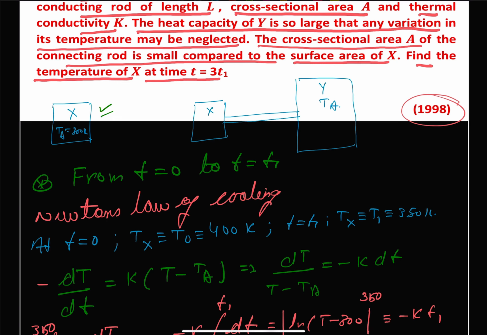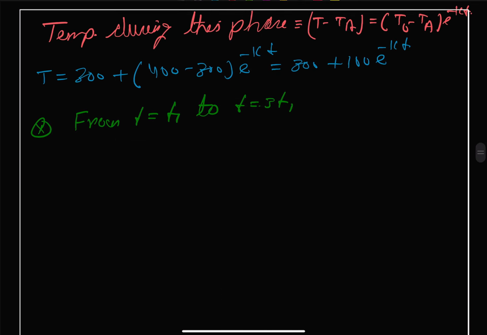In the second case the cooling will also be because of conduction, because it is connected, as well as because of the radiation. So we have to keep this in mind. So we are going to have radiation plus conduction.